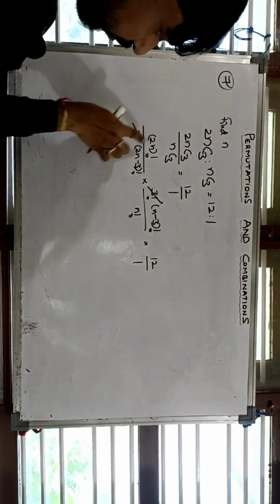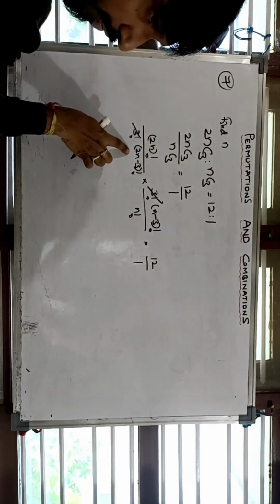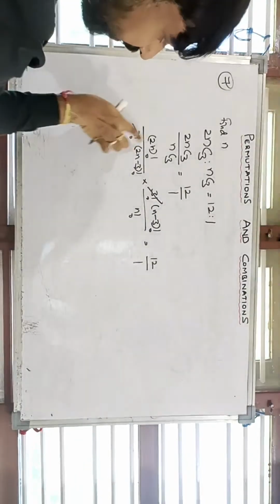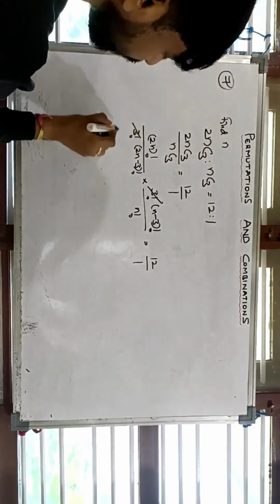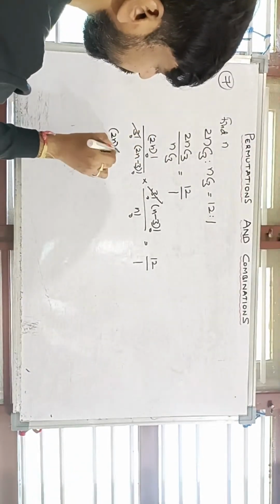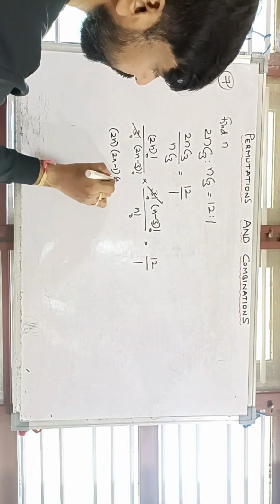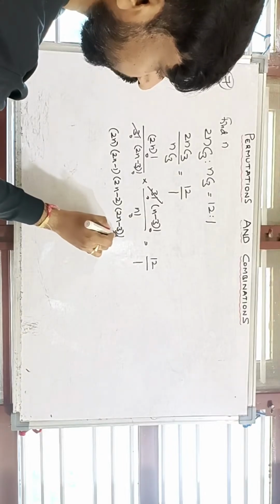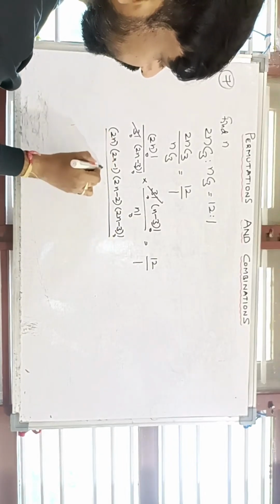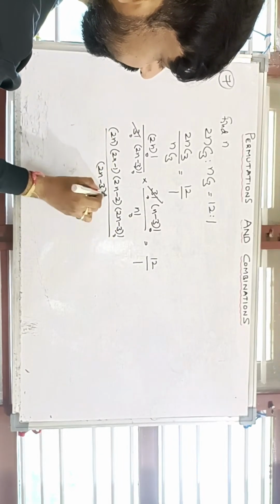Now 2n factorial and (2n minus 3) factorial, which is bigger? Very clearly the numerator is bigger. Write the bigger one down till the smaller. So we write 2n into (2n minus 1) into (2n minus 2) into (2n minus 3) factorial, whole by the denominator (2n minus 3) factorial.